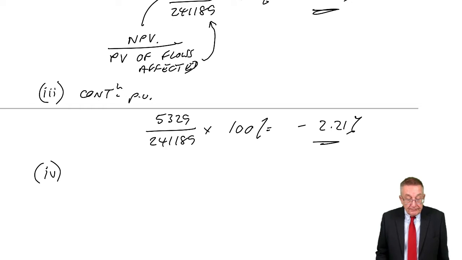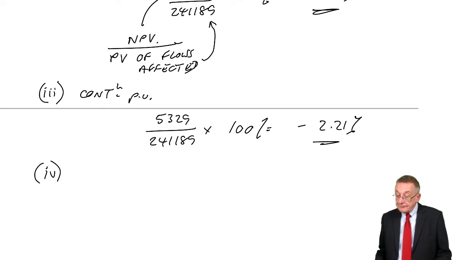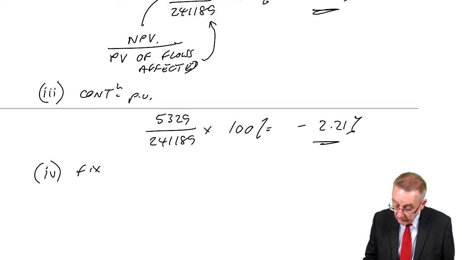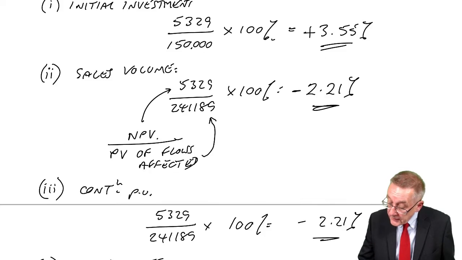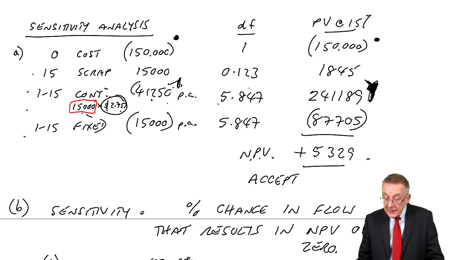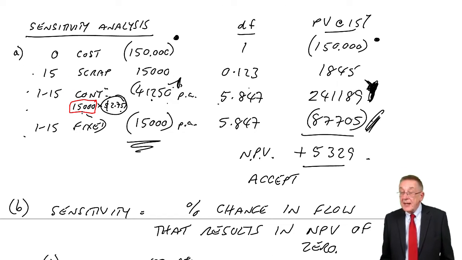What about number 4? The fixed costs per year. Well, it's the NPV, 5329. What's the present value of the flows affected? Well, there's the fixed costs. The present value of them is 87,705.